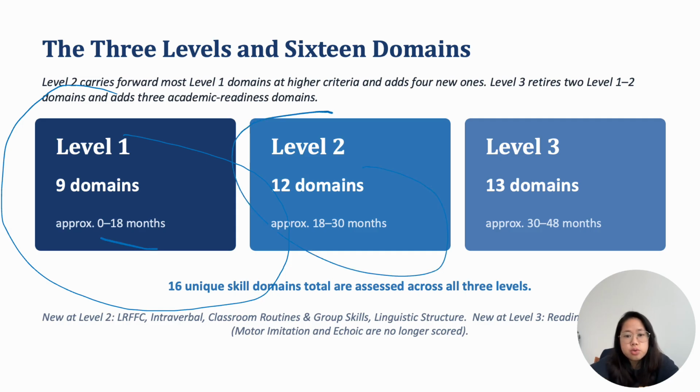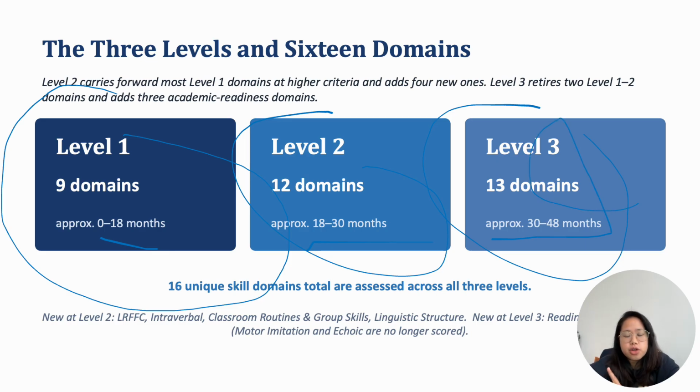And level 2 has 12 domains and covers roughly 18 to 30 months, and keeps most of the level 1 domains and adds 4 new ones. And here, level 3 has 13 domains, approximately 30 to 48 months.